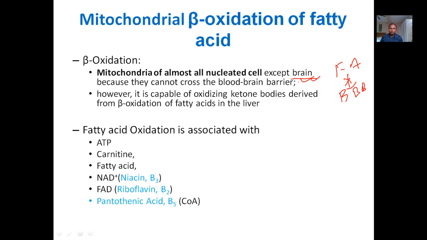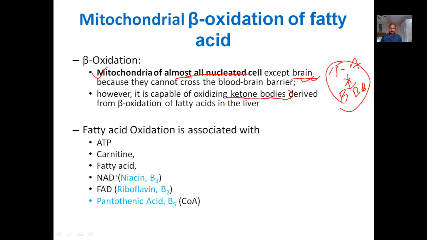One reason. Second reason, maybe there are not such enzymes, that could be a reason. So mitochondria of all nucleated cells oxidize fatty acid, and it does not occur in the brain. That's a very big point.